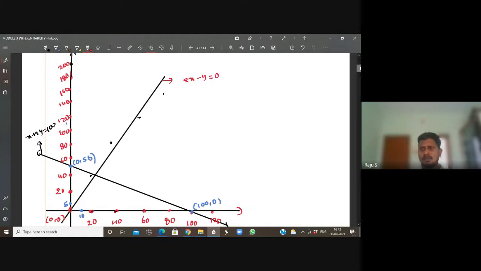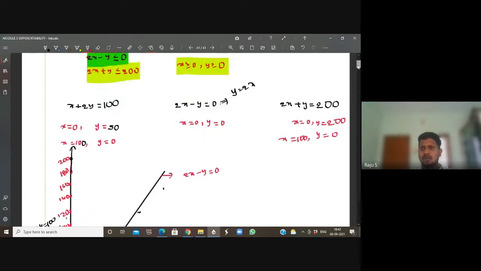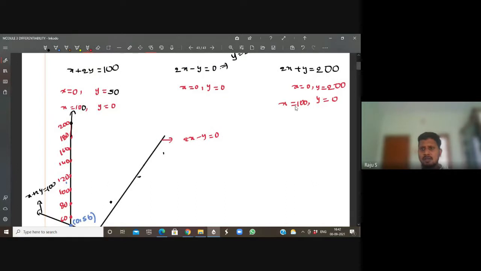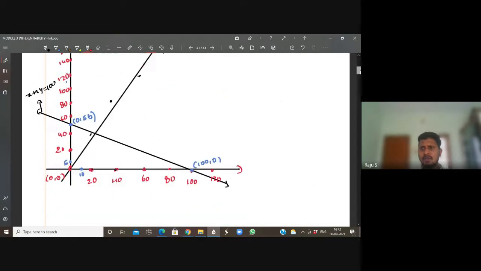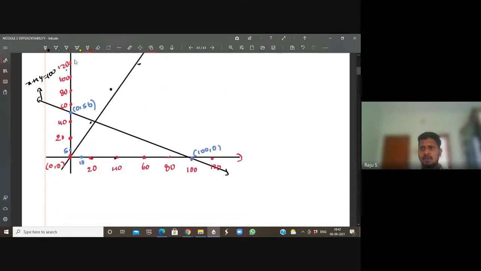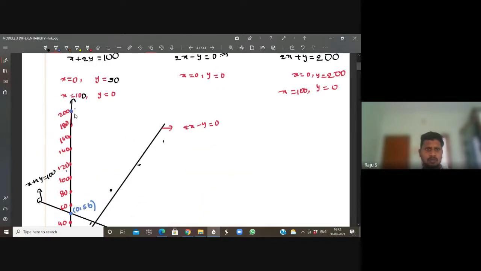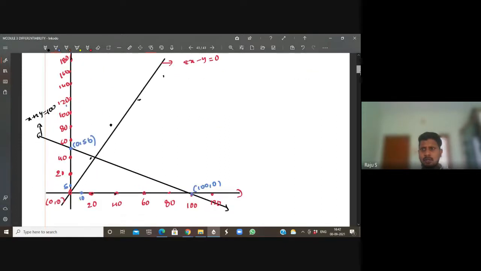In the same way, the last one, 2x plus y is equal to 200. When x is equal to 100, y is equal to 200. So the points are 0 comma 200, and x is 100, comma 0.